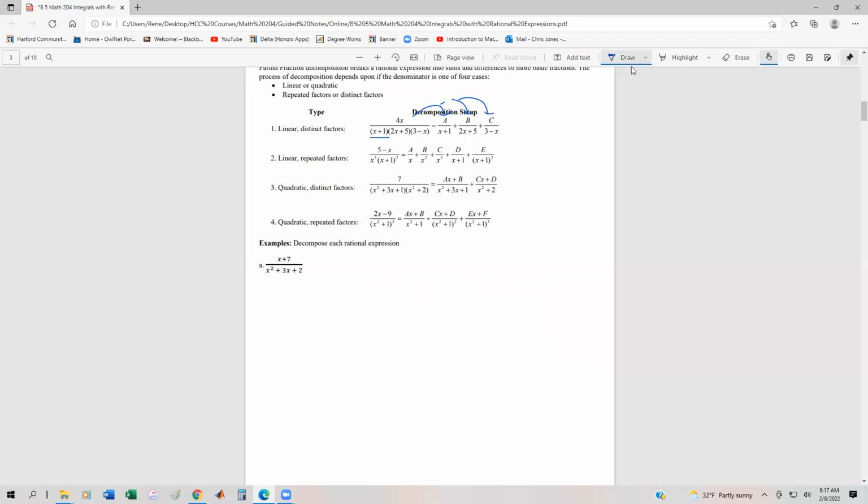Notice that these are all linear factors, and we're going to have A over x plus 1, B over 2x plus 5, C over 3 minus x. If for some reason you have repeated linear factors, so what's inside the parentheses is a linear term, and think of this x cubed as (x minus 0) cubed, so technically it really is a repeated linear factor of x, then you would do the exact same thing, but for each of the different powers you would have its own partial fraction.